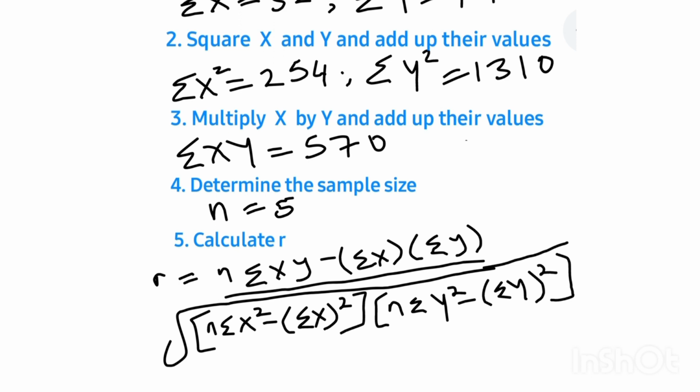Alright, looking at our formula, we're going to substitute all these values we've gotten so far into the formula. And here we go.